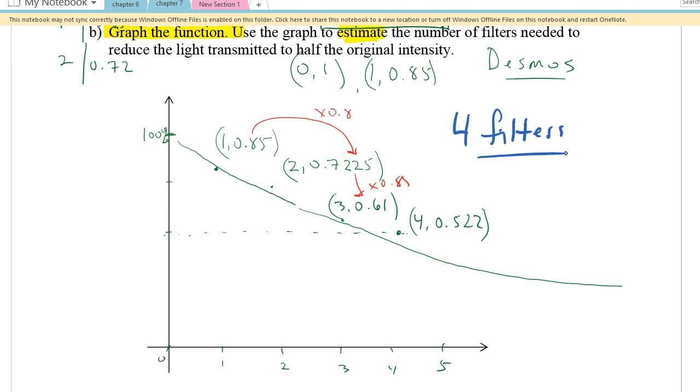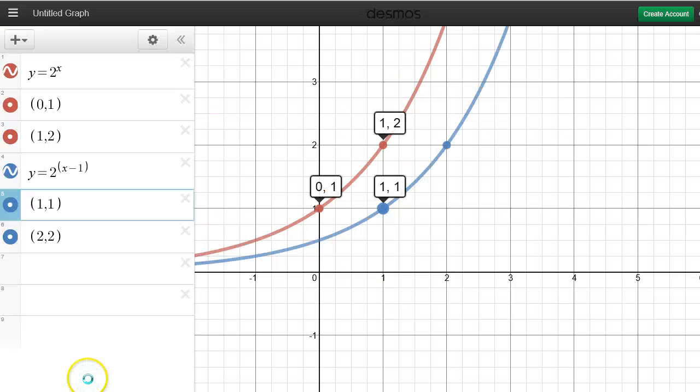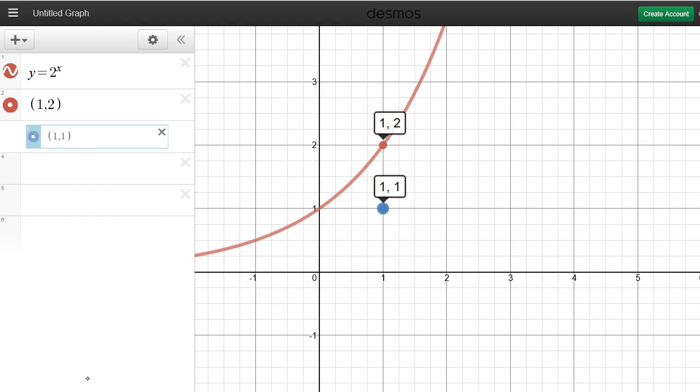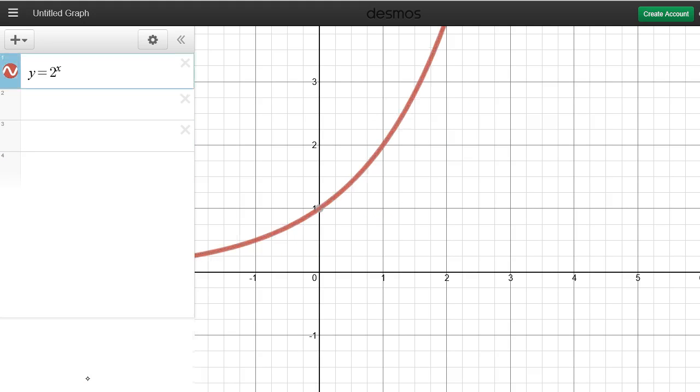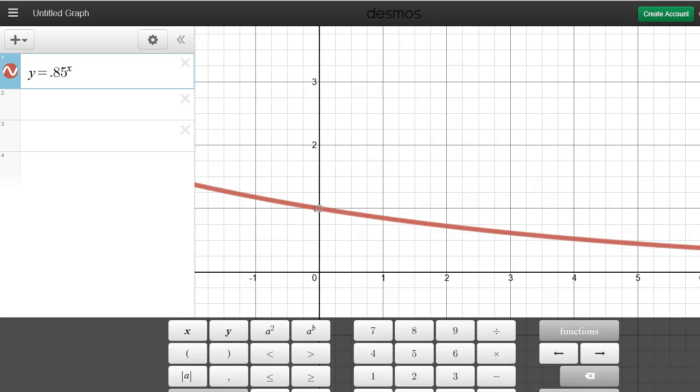But there's no problem with taking this and putting it into Desmos, and let's try that. So if I go over here, we'll delete some of this stuff. I can use this basic formula here, but instead of 2, I want to have 0.85 to the power of x.